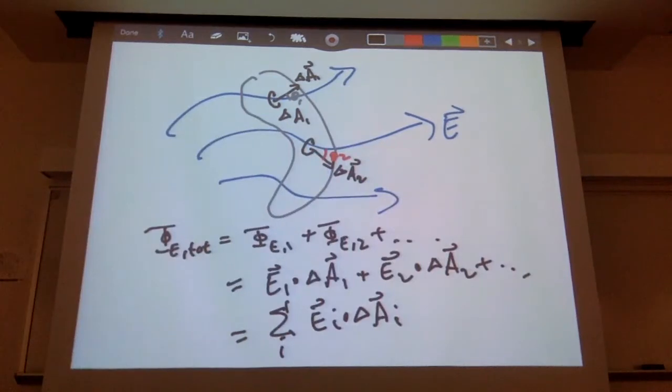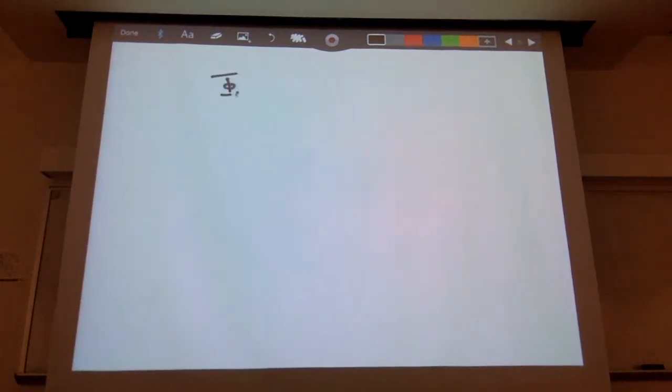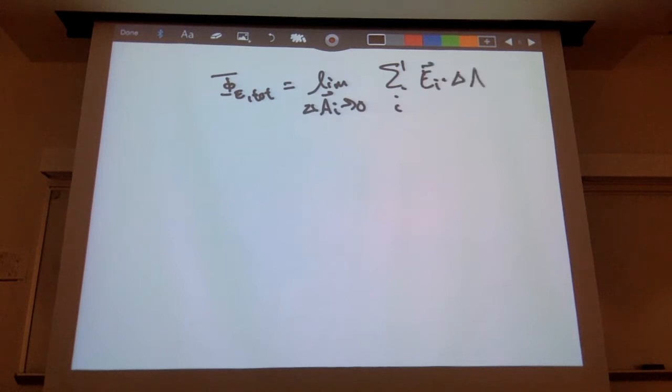So finally, the total flux is equal to the limit as delta A i goes to 0 of the sum over i of electric field i dotted by delta area i.